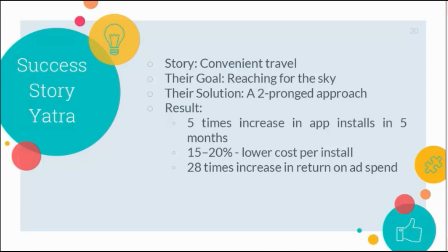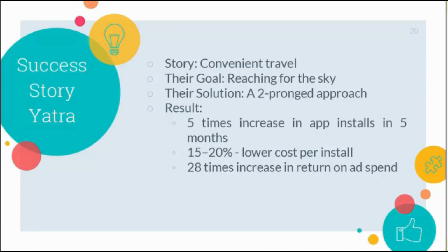The company used those insights to segment its audience based on people's behavior in the app, such as booking a hotel, searching for information, or initiating but not completing a purchase.